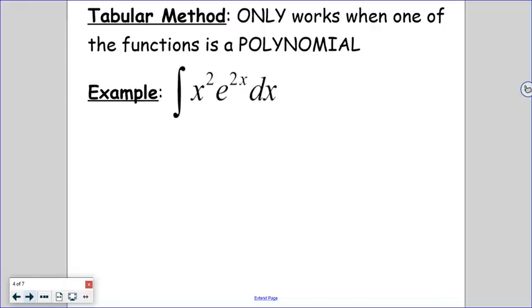What you're going to do is pick to separate your two functions. The first one that you pick, the one that I will put in the first column, which if you look at your book, they identify as f of x and g of x, just the two different functions in there, is going to be the polynomial function. So the very first one needs to be the polynomial function, like we would have picked for u. And the one in the second column will be whatever other function is in there.